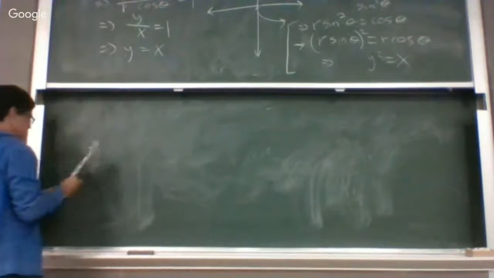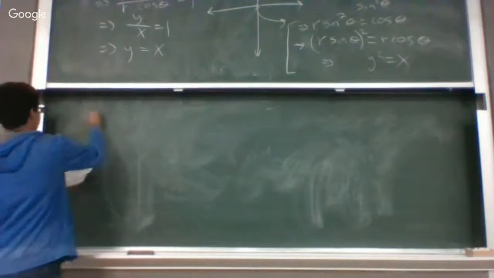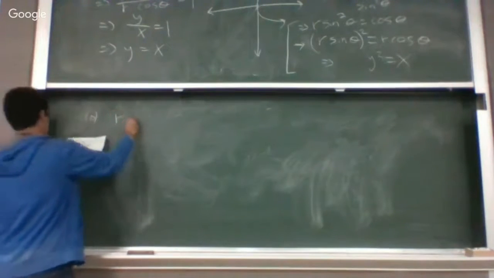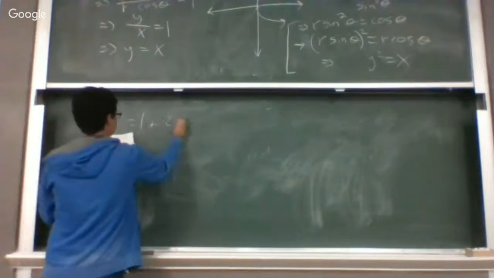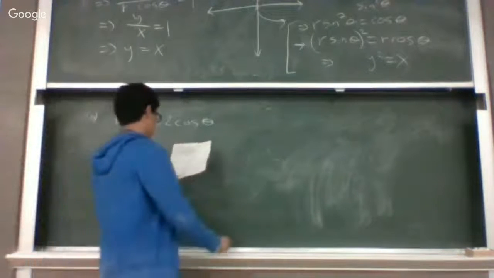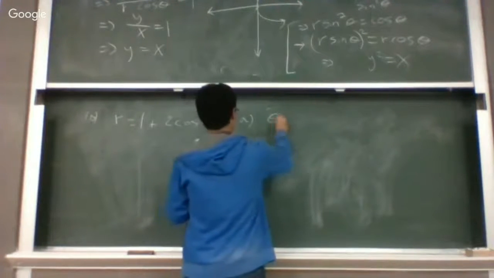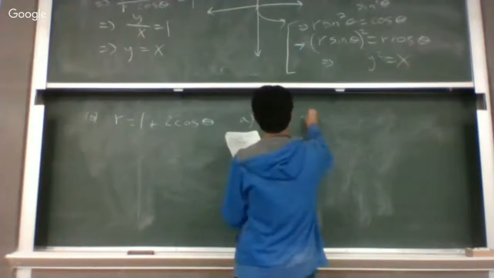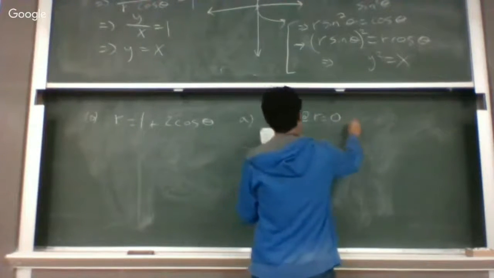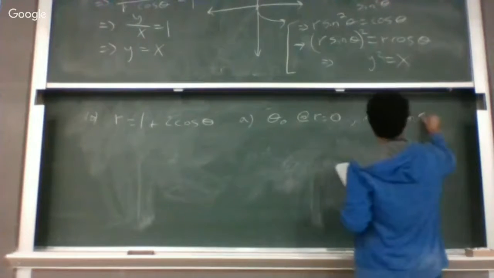Okay, for this problem, we are told that r is equal to 1 plus 2 cosine theta. For A, we have to find the values for theta naught at r equal to 0, where 0 is less than or equal to theta naught, less than 2 pi.